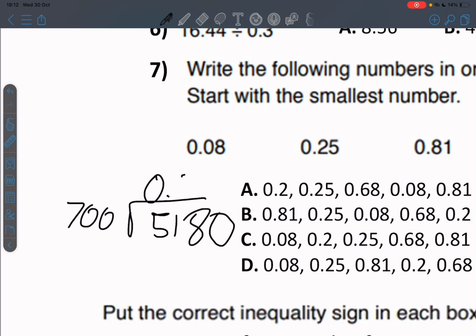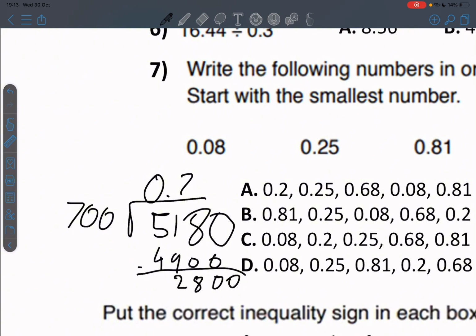So 7 times 700 will be 4,900, and if we subtract that, we should get 280 here. And again, because we've got the decimal point, we can add another 0, right? And we can do how many times 700 goes into 2,800.